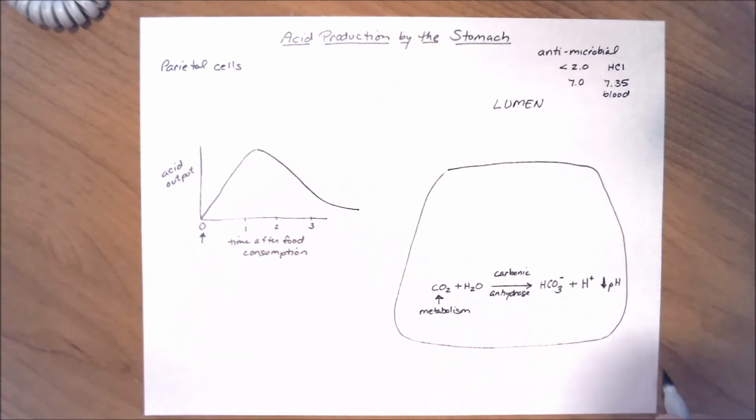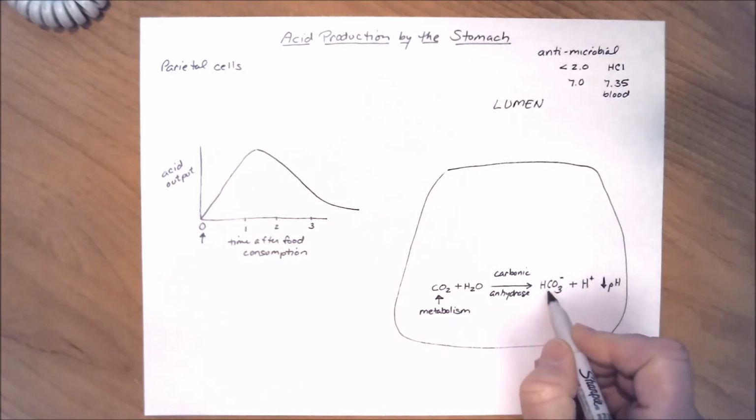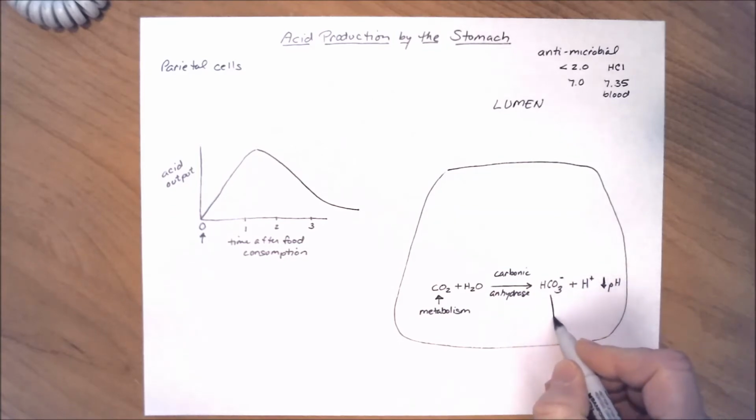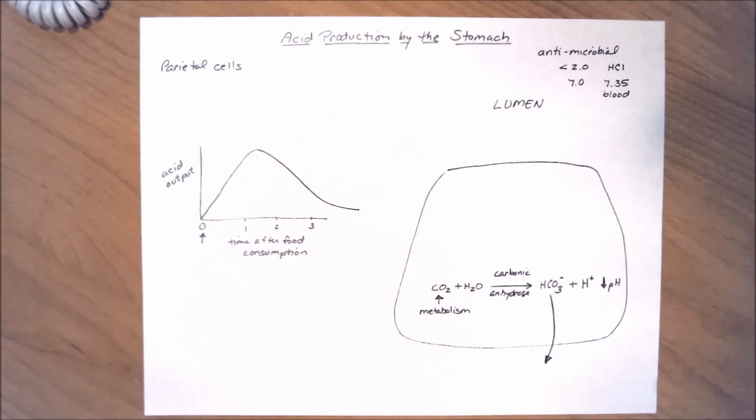The carbonic anhydrase enzyme, interestingly, is one of the fastest enzymes known. It can convert approximately 10 to the 8th molecules of CO2 into bicarbonate per second. So this is a very rapid process. Now, the bicarbonate itself is going to be transported out of the cell on the basal surface.